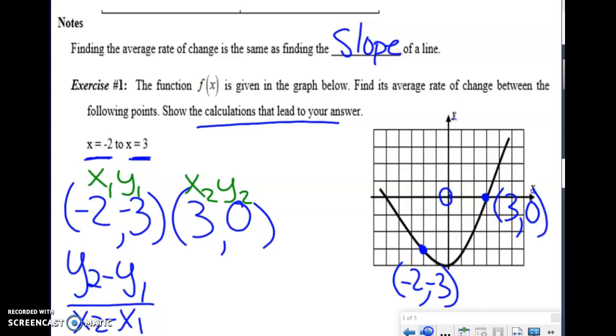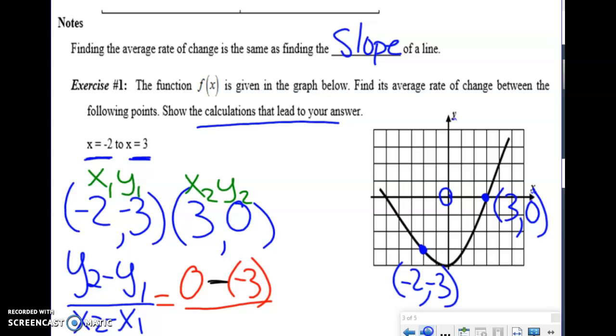All right, next up, we want to put these into the formula. So we've got y2 minus y1. y2 is 0 and y1 is -3. So I'm subtracting a negative. So I have to have 2 negative signs or 2 subtraction signs, however you want to think of it. And then we've got x2 minus x1.